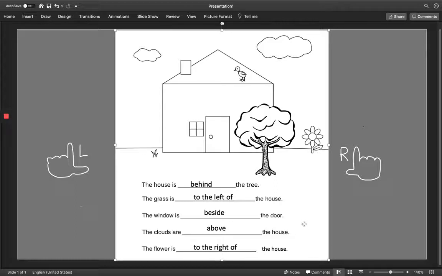Now remember, positional words are important because they help us describe where things are. So if I ask you, where is the cup? If you just say, over there, I won't understand what you mean. You need to use your positional words to tell me where it is so I can understand.